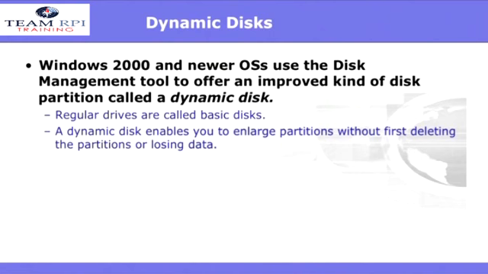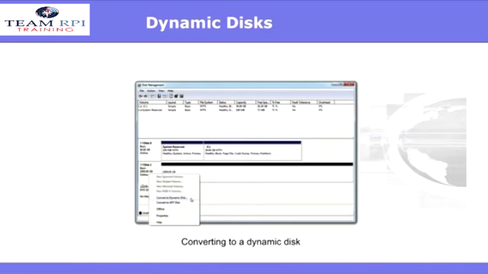In Windows 2000 and newer, you can use the disk management tool to offer an improved kind of disk partition called a dynamic disk. A dynamic disk enables you to enlarge partitions without first deleting the partitions and risk losing data. Here's a look at converting to dynamic disk in the disk management console.